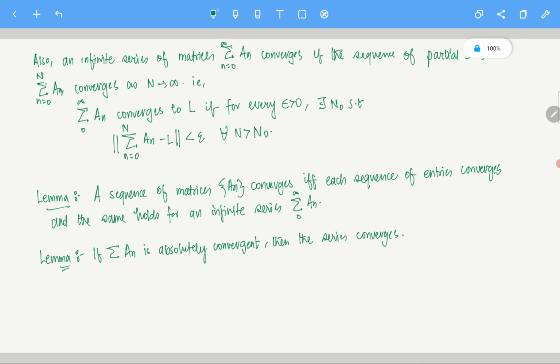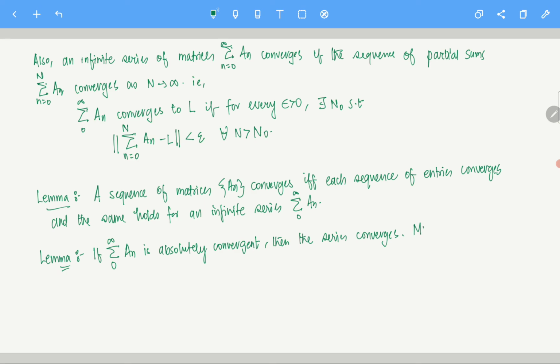So basically, the lemma says that if the infinite series summation 0 to infinity An is absolutely convergent, then the series converges. This is exactly the same kind of thing which we did in real analysis also.